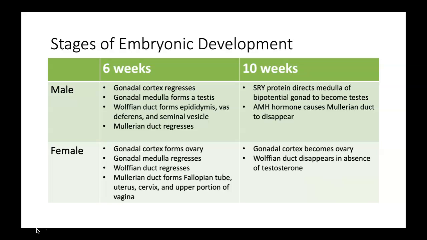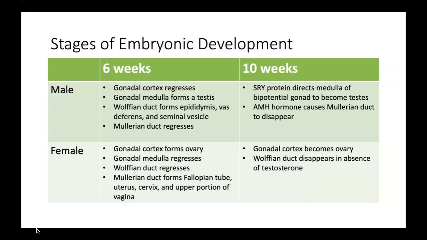And then over onto the 10-week mark, again, 10-week male embryo, the SRY protein directs the medulla of the bipotential gonad to develop into testes. And the AMH hormone from testes causes the Mullerian ducts to disappear.